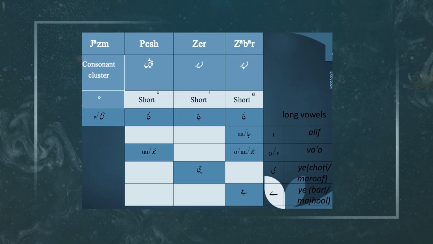And with Badi Ye preceded by Zabar, it will sound like Je. Now: Ja, Ji, Ju, Ja, Ja, Jao, Ju, Ji, Je. Read with me.